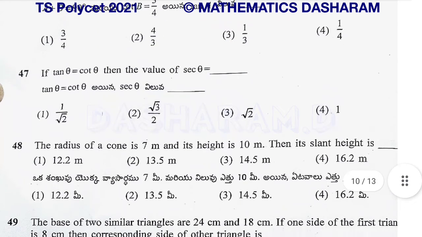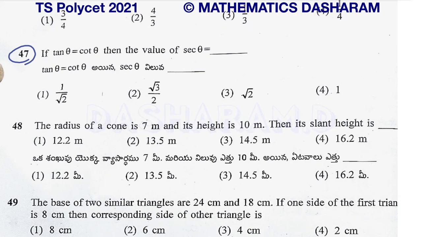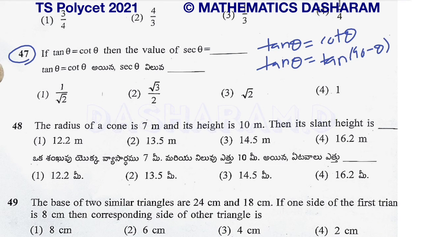Next question number 47. If tan theta equals cot theta, then the value of sec theta. See here, tan theta equals cot theta is given. Tan theta equals cot theta can be written as tan of 90 minus theta. Why? Because tan of 90 minus theta formula is cot theta. Now tan cancels, so theta equals 90 minus theta.